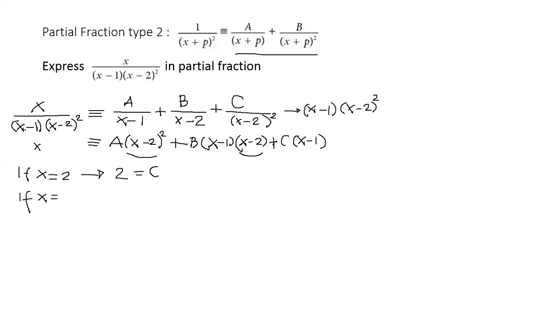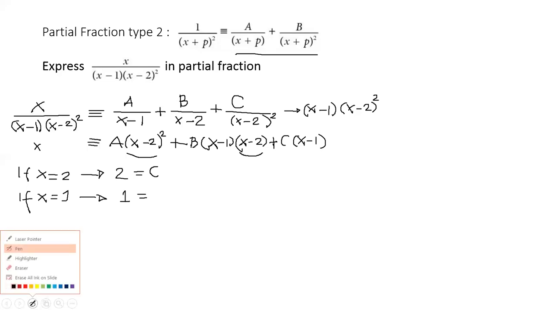Because this expression is x minus 1. If x equals 1, this equation becomes 1, because x equals 1. I'm going to do this one first. If x equals 1, it's fine.